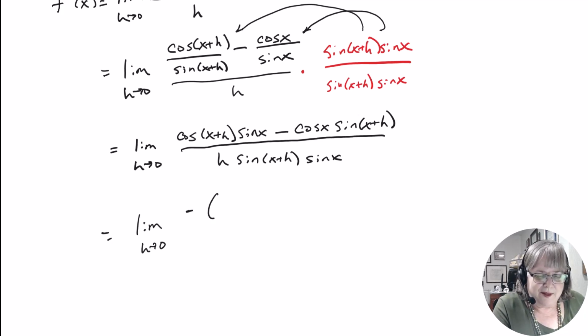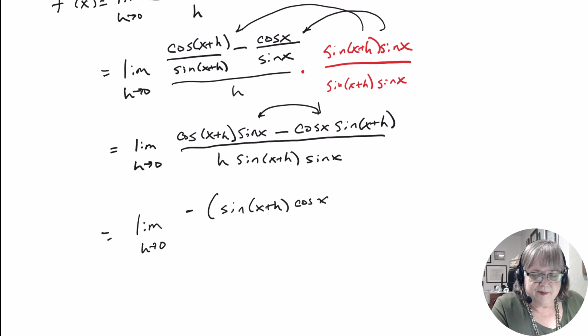And I'm going to switch these two around at the same time that I'm factoring out a negative. So I'd have sine of x plus h cosine x. Now, I factored out this negative so it became positive, but this was positive, so it's going to become negative. And you'd have cosine x plus h sine x.